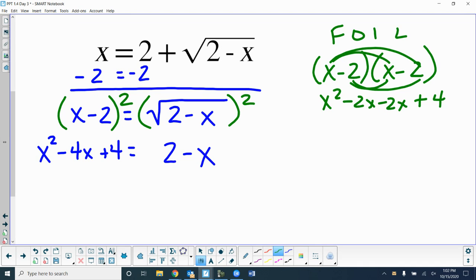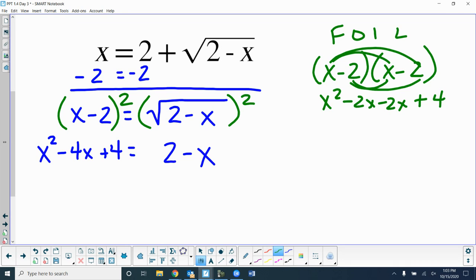Okay? Now, what happened here? What showed up? An x squared. So what kind of equation is that? The ones we did last week. What's their names? Quadratics. Before we solved last week's quadratics, we set it equal to 0, right? So we have to set this one equal to 0 before we can finish it up.